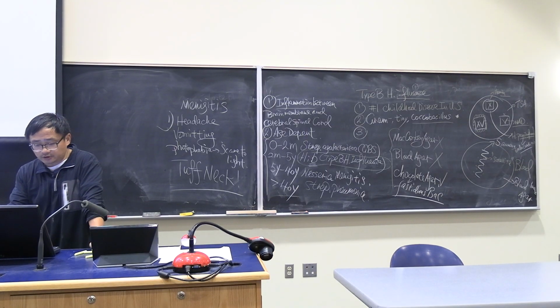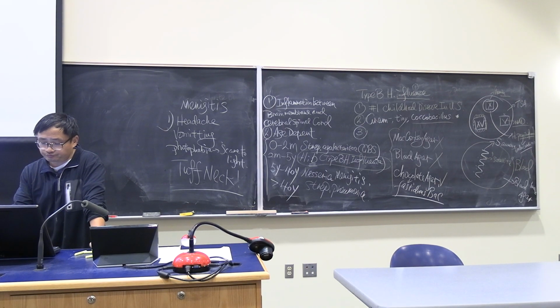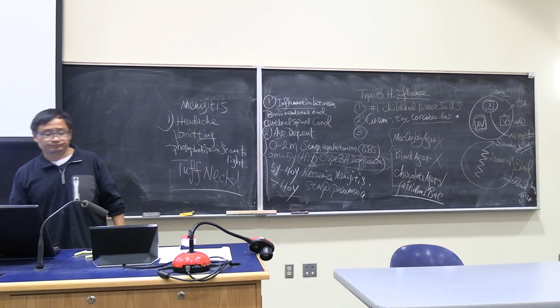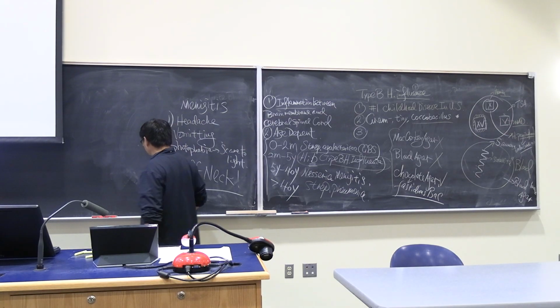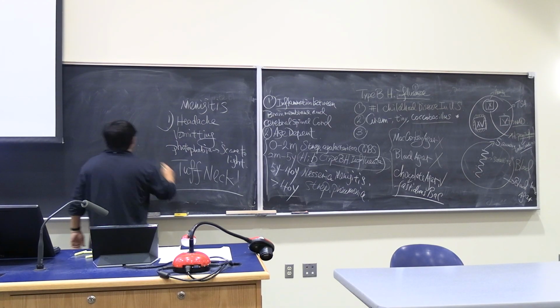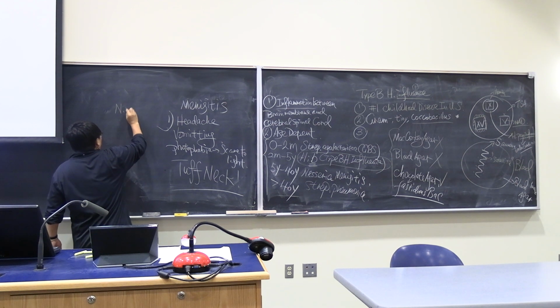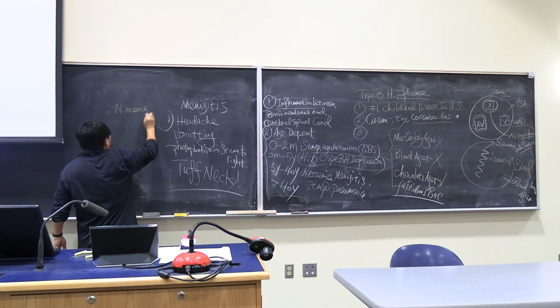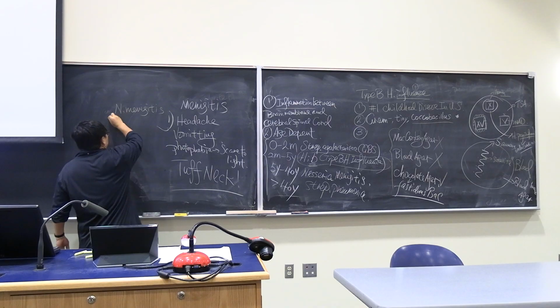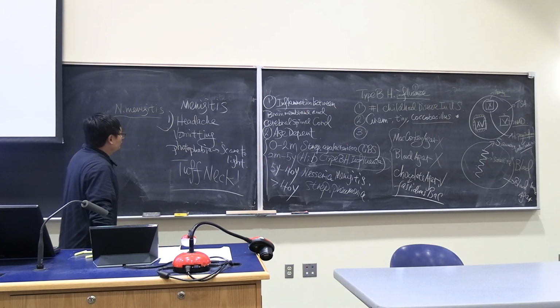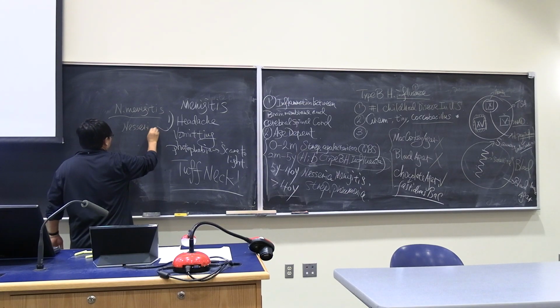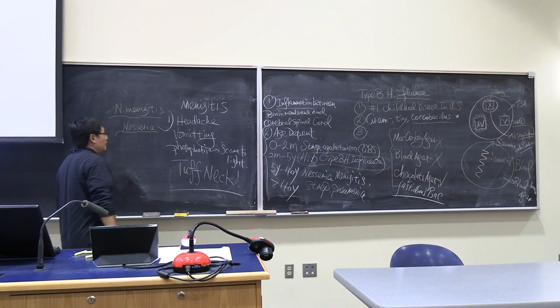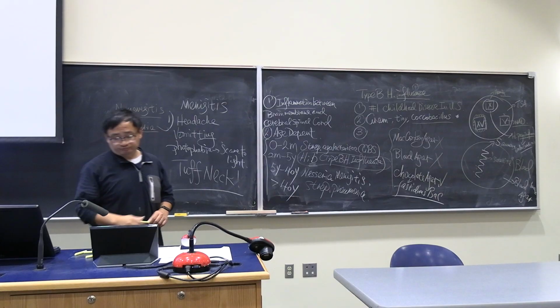We want to talk about something more, Neisseria meningitidis, because it's related to undergraduates, so we want to talk about that. This is another pathogen, which comes from Neisseria. Neisseria is very special.